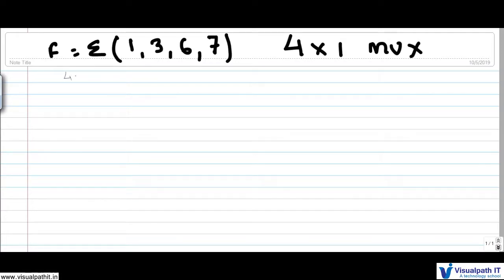So a 4 cross 1 multiplexer will have one output, 4 inputs and 2 selection lines, right?